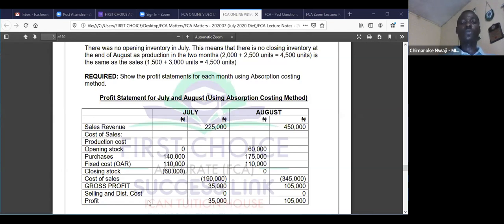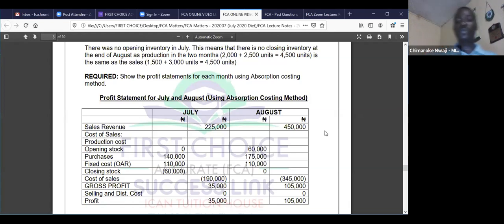So what do you do? You say 225 minus 190, that gives you 35. So 35 is your gross profit. And because there is no selling and distribution, your net profit is 35.